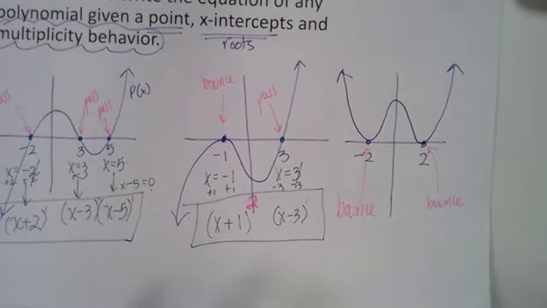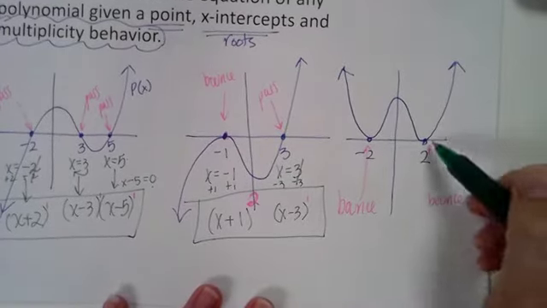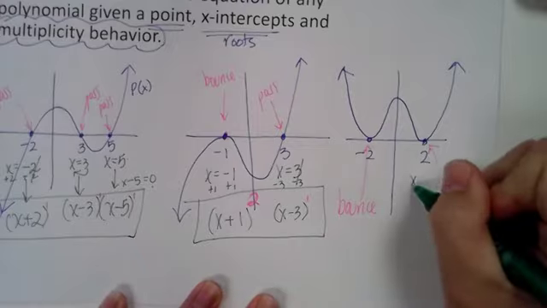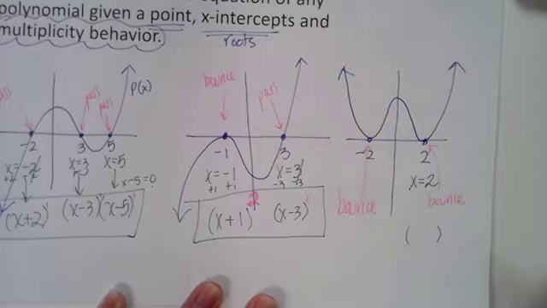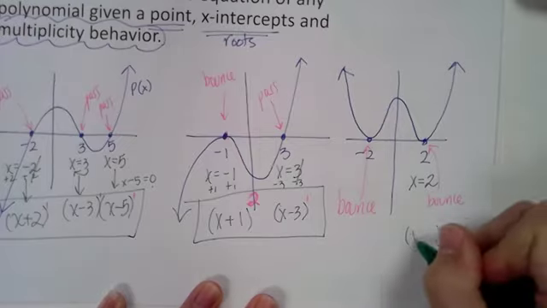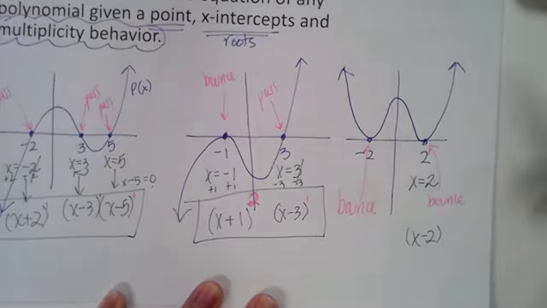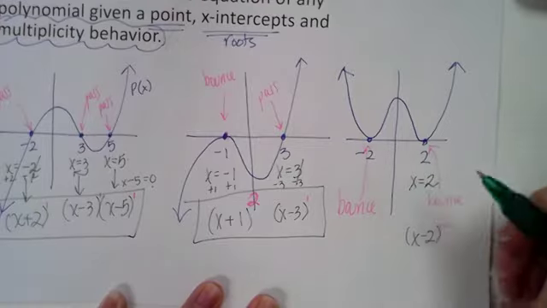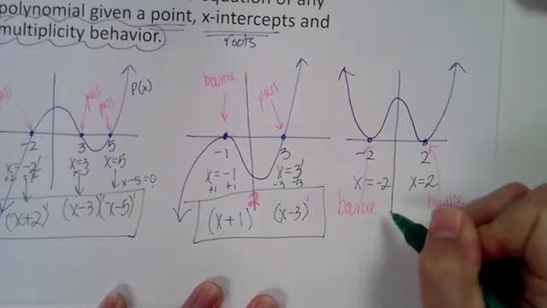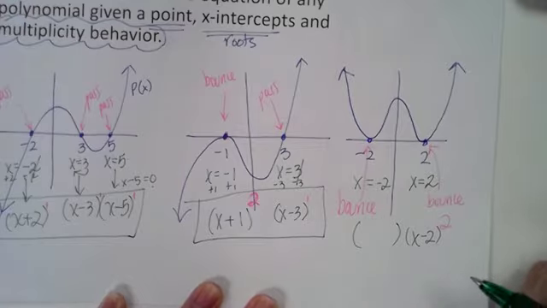Okay. Ladies and gentlemen, last one here. Both of these bounce at these solutions for x. If x equals 2, what bubble did it come from? X minus 2. What's its power? Squared, yeah. If we know that x equals negative 2, what bubble did that one come from?